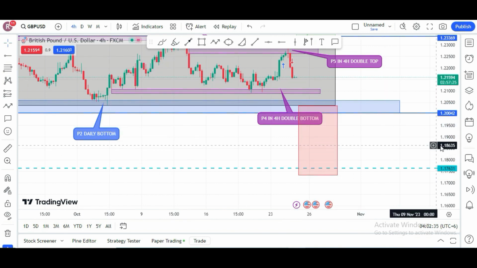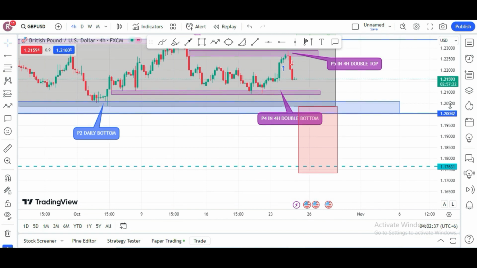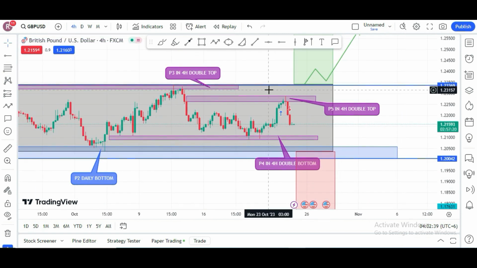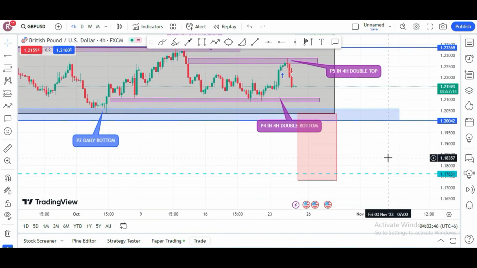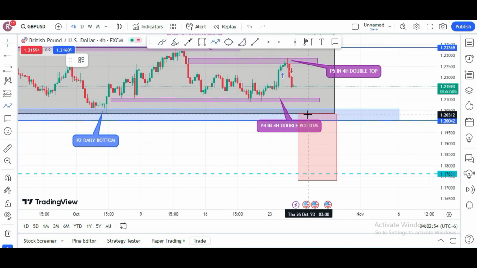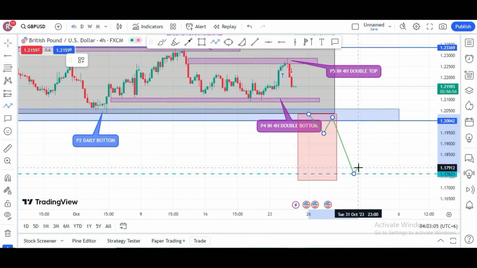Because it is something like this, that whenever a range breaks, the market goes equivalent to the range on the downside or upside. It will do the same here. And it will go at least 50%, which is touching the weekly half.